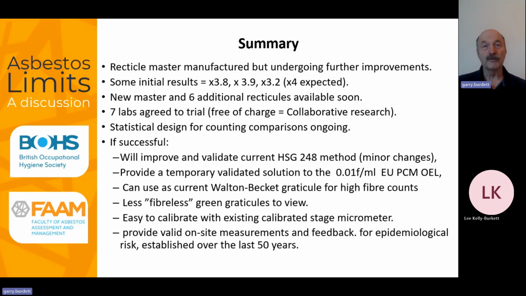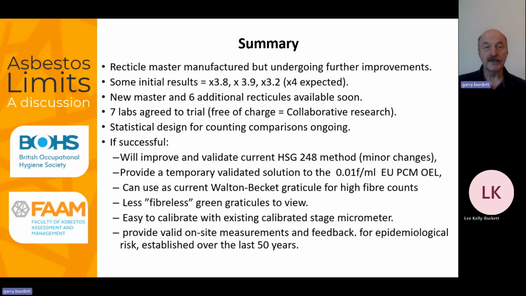So you've still got the 100 micron Walton-Beckett graticule, so you don't have to choose between graticules. You can switch to the larger graticule when you're dealing with low fiber counts. Much less graticules to view that are empty of fibers, and you can calibrate this quite easily with a stage micrometer.